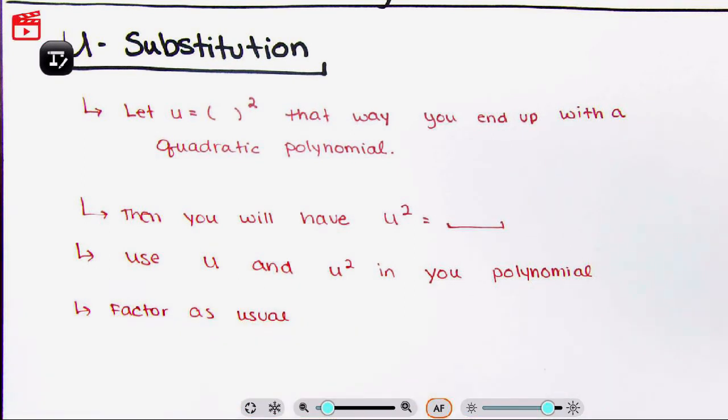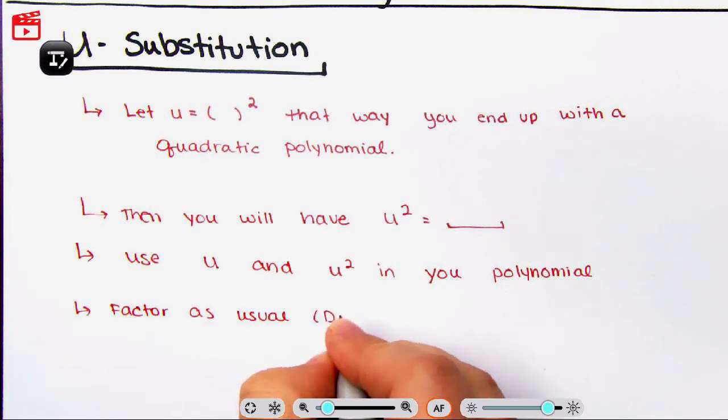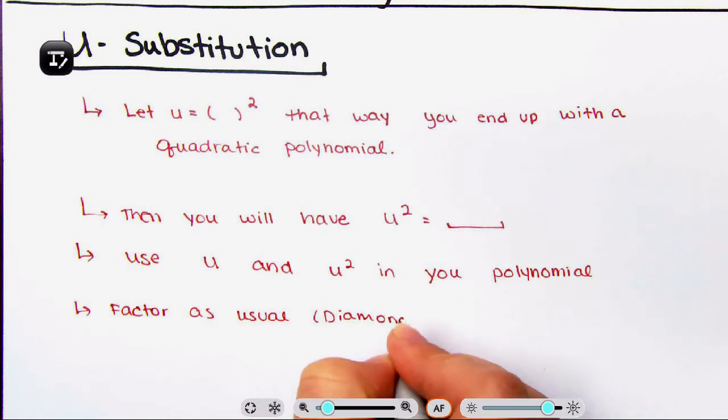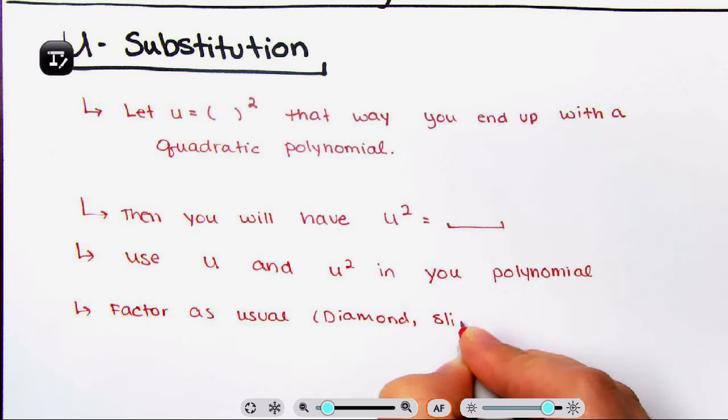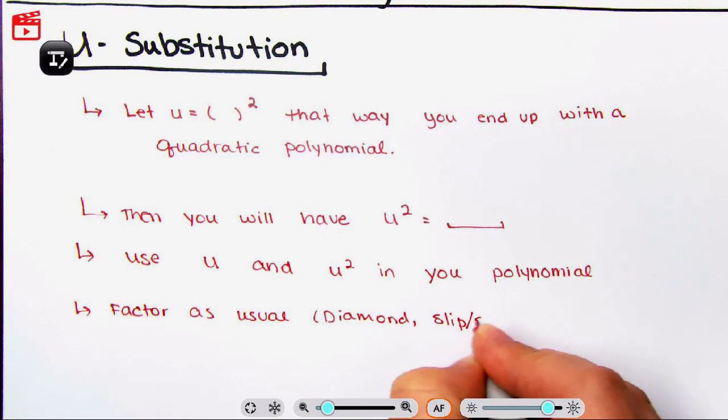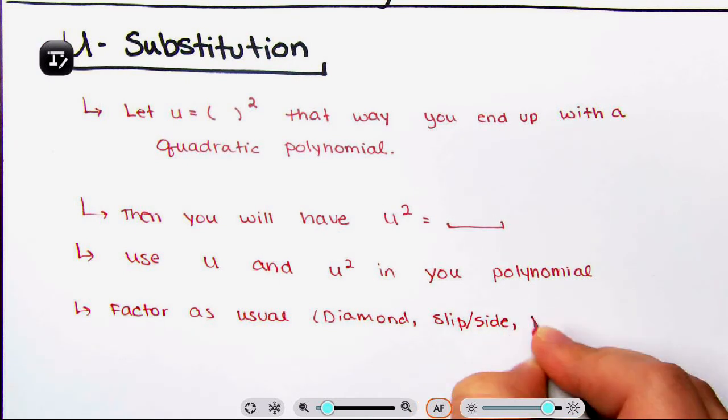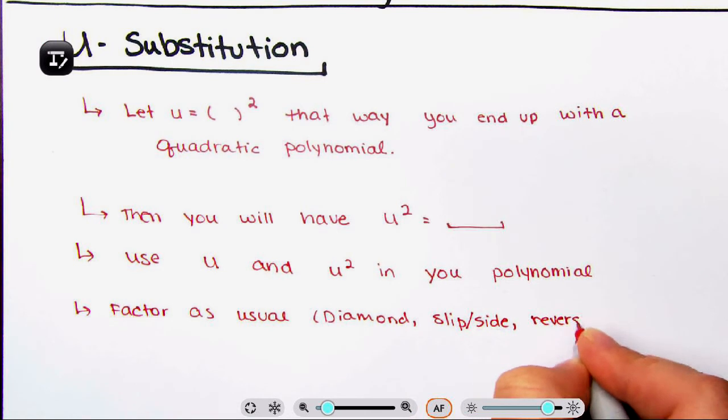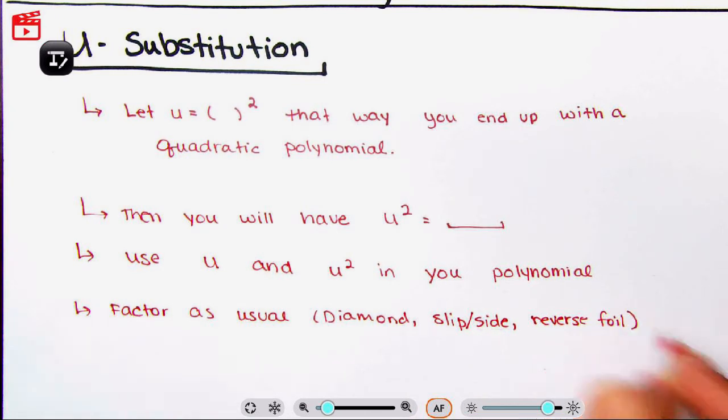You can use the diamond method, guess and check method, the slip and slide or slip and divide, whatever we call it, reverse FOIL, all of those methods, because it is a three-term polynomial now.